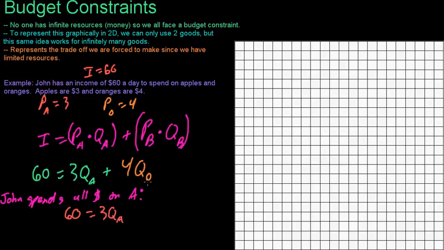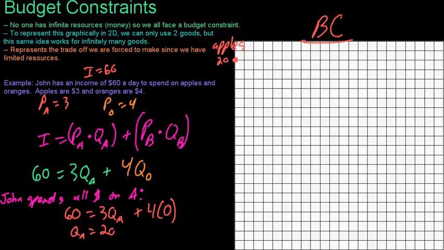He's spending all of his money on A. This is just to find the intercept. So the amount of apples he can buy if he spends all of his money on apples is 20, just 60 divided by 3. I'll title this John's budget constraint, and we'll have apples over here. He can buy 20 apples, and I know that this graph paper is 22 units tall, so 20 is right there.